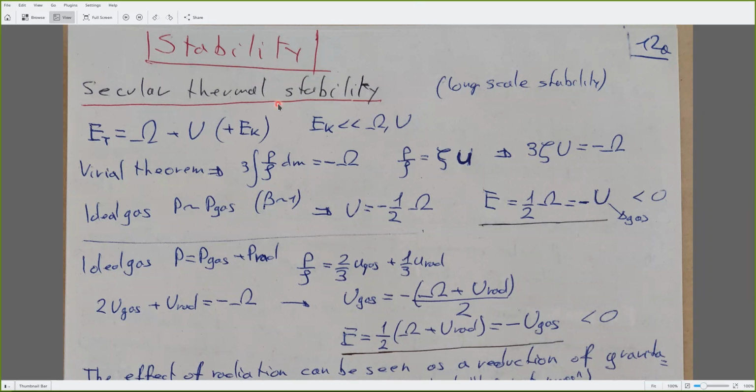We'll start now to talk about stability, finally.